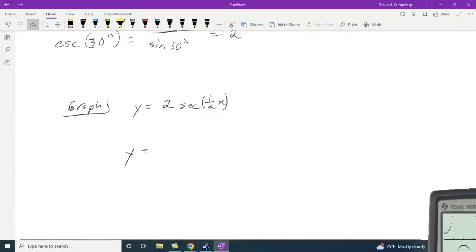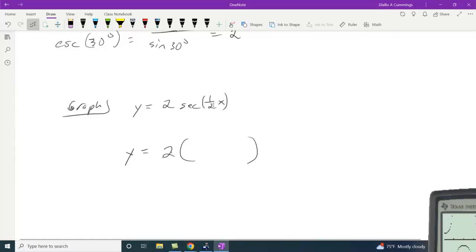So I'm going to keep my 2, right? So this is my 2. I just brought the 2 down. And now I'm going to rewrite secant as 1 over the cosine.